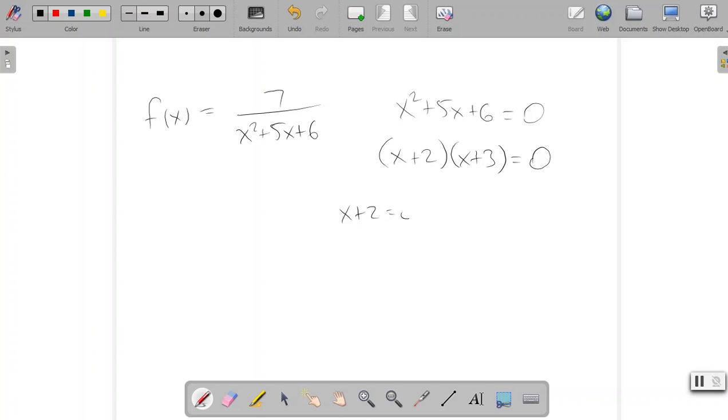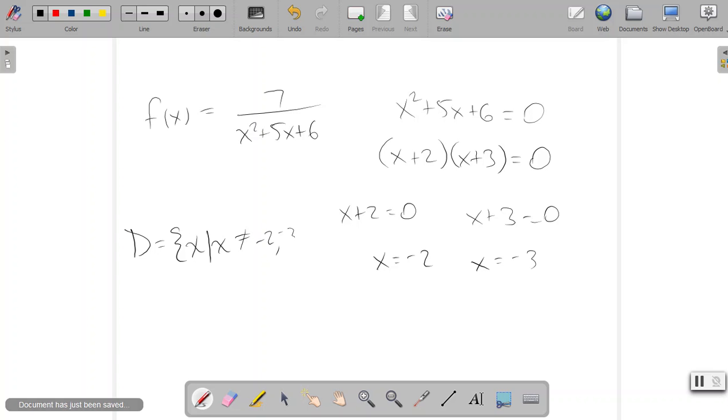I set each part equal to 0. x equals -2 and x equals -3. So we throw those out. We call the mathematical bouncers: x so that x is not -2, -3. And that's it. This is how problems involving fractions work.